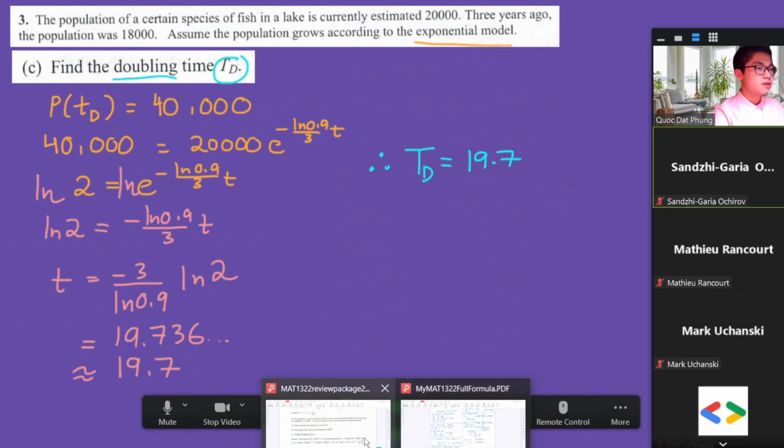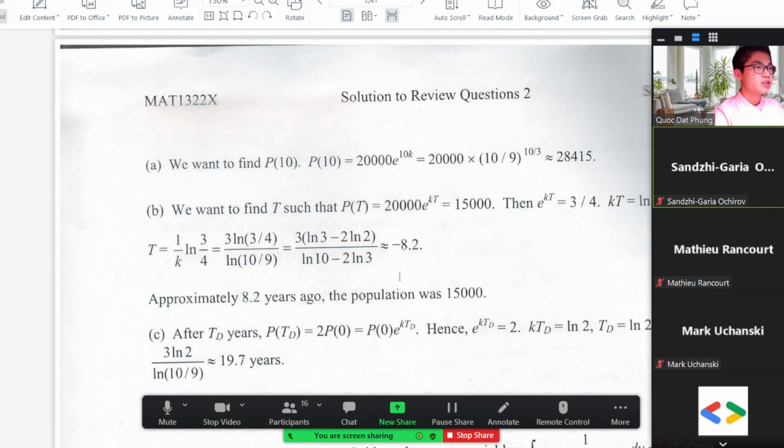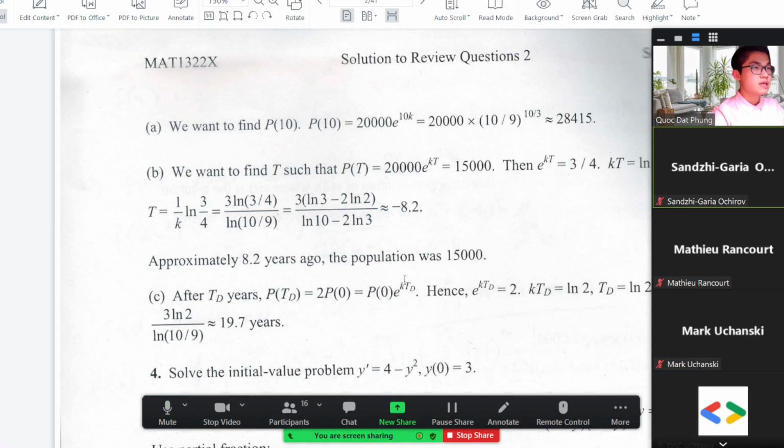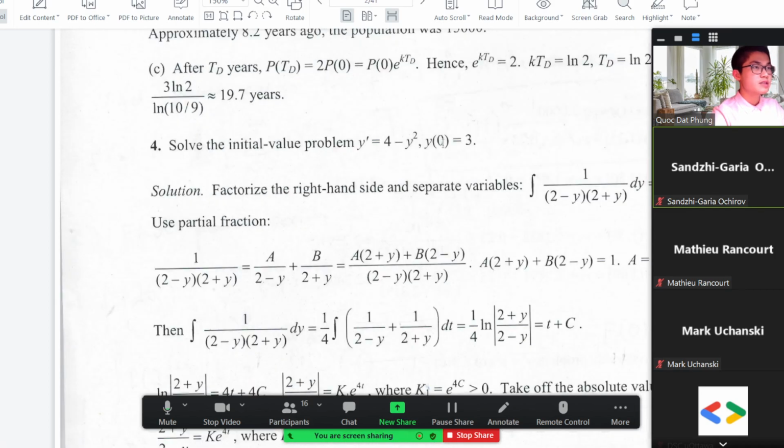Okay, the next question, question 4. Let's see, where's question 4? It is the same thing, just solving the initial problem.